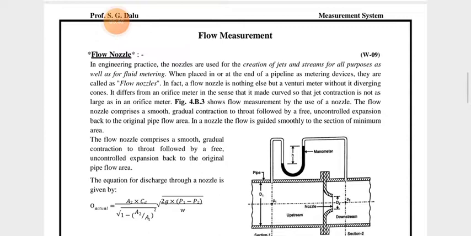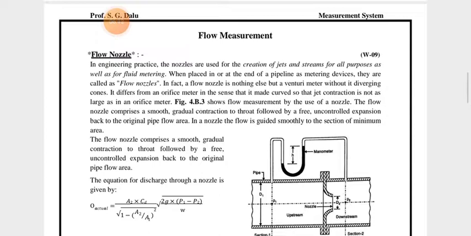The flow nozzle comprises a smooth, gradual contraction to the throat, followed by a free, uncontrolled expansion back to the original pipe flow area. In a nozzle, the flow is guided smoothly to the section of minimum area.